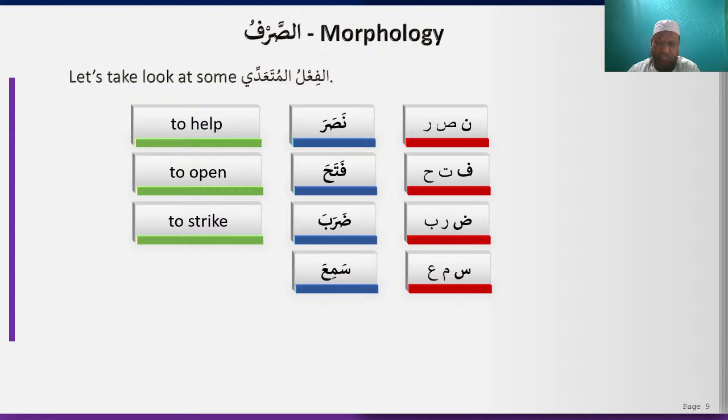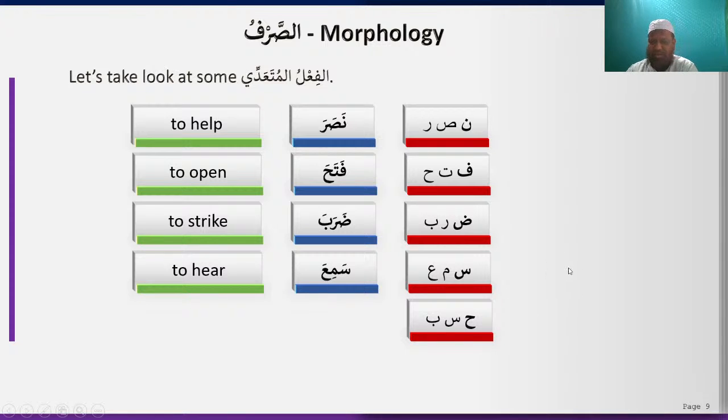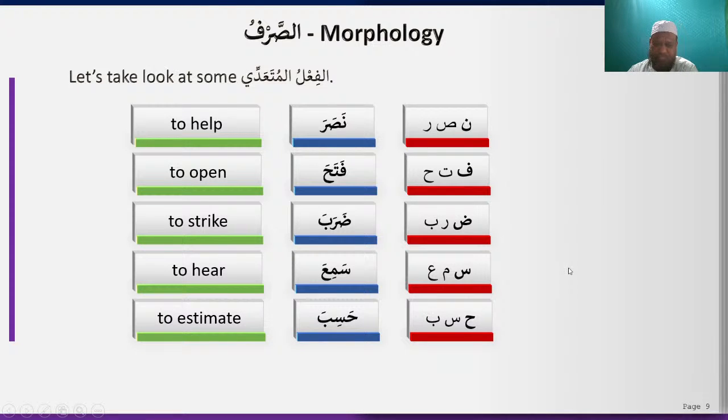Sami'a, to hear. If you look, the Ainul Kalima is changing over here. Next, Hasiba, to estimate. Nasara, to help. Fataha, to open. Daraba, to strike. Sami'a, to hear. Hasiba, to estimate.